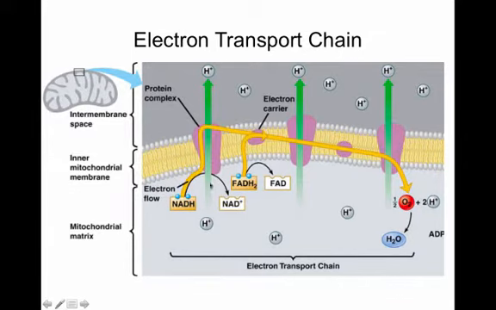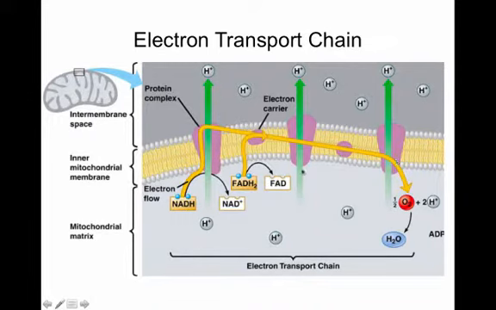Electrons are going to start up here at this protein of the electron transport chain. Then, as the yellow arrow indicates, the electron carrier is going to carry it to this next protein. Another electron carrier will carry it from the second protein to the third and final protein of the electron transport chain.